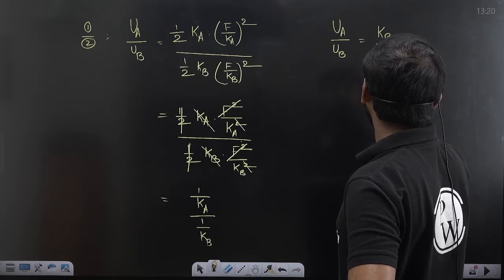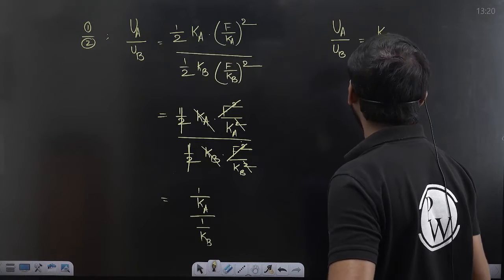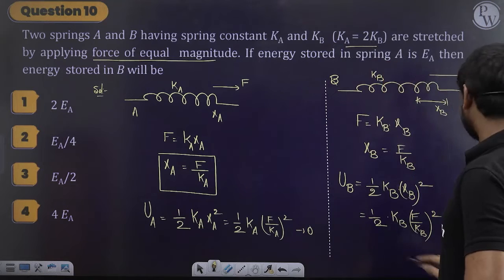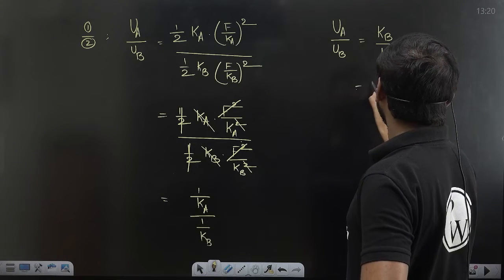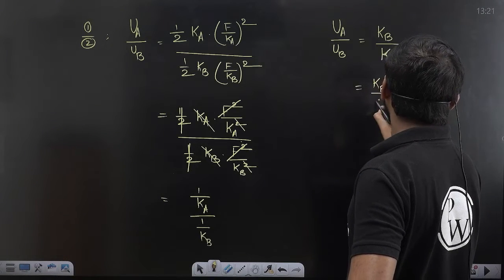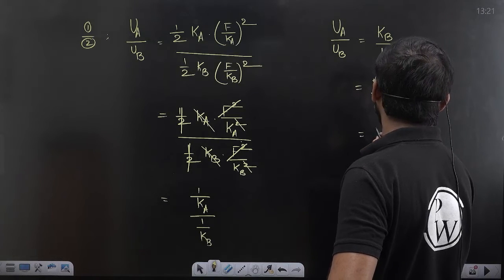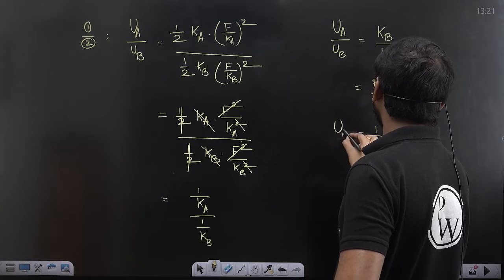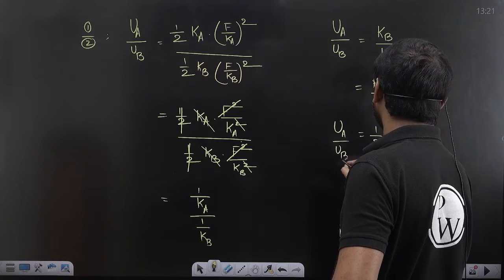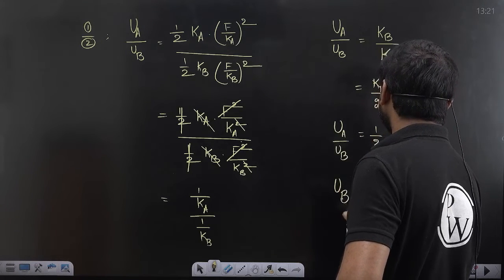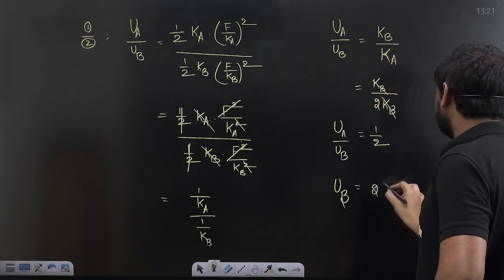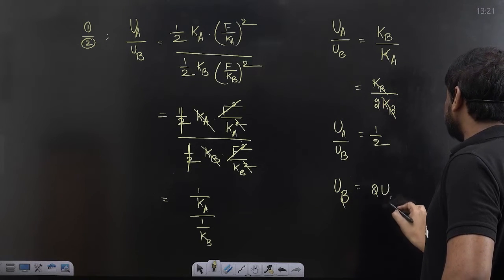In the question they already gave the relation between Kb and Ka, that Ka is equal to 2 Kb. So in place of Ka I am writing 2 Kb, right? So therefore Kb cancels, so 1 by 2. That means UA by UB is equal to 1 by 2. So from here the potential energy stored in the second spring is 2 times the potential energy stored in the first spring.